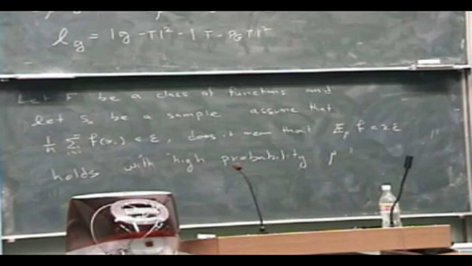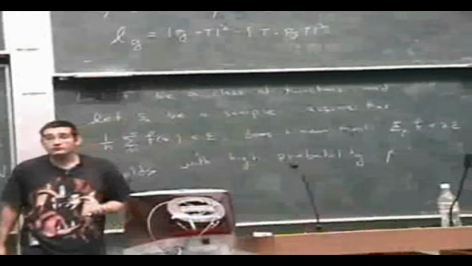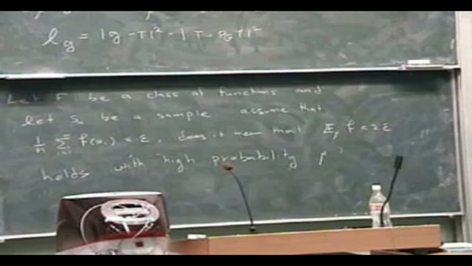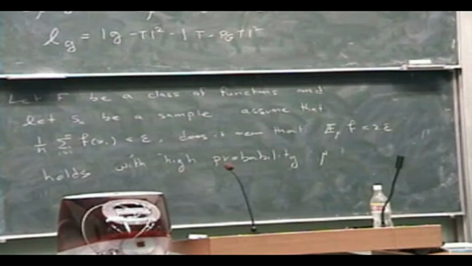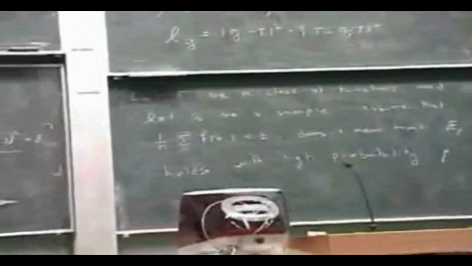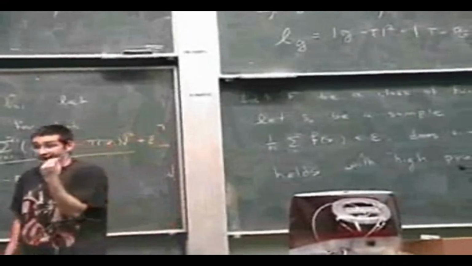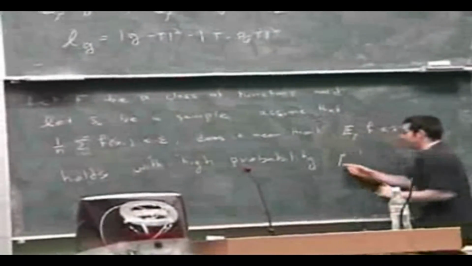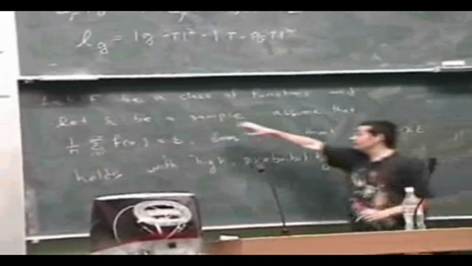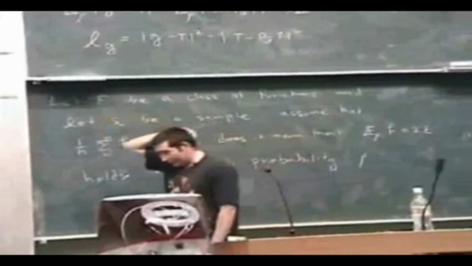Okay? Now, not exactly that, right? That's not F. I call this set B. And F is all the functions of the form the absolute value of G minus G0, where G is in B, and G0 is the following function.